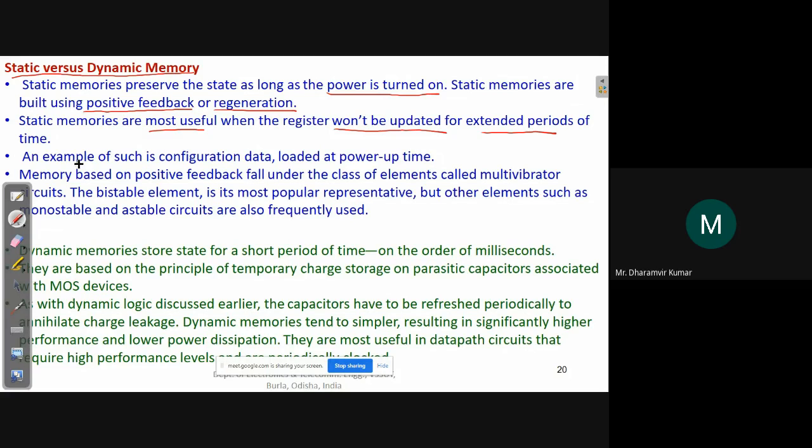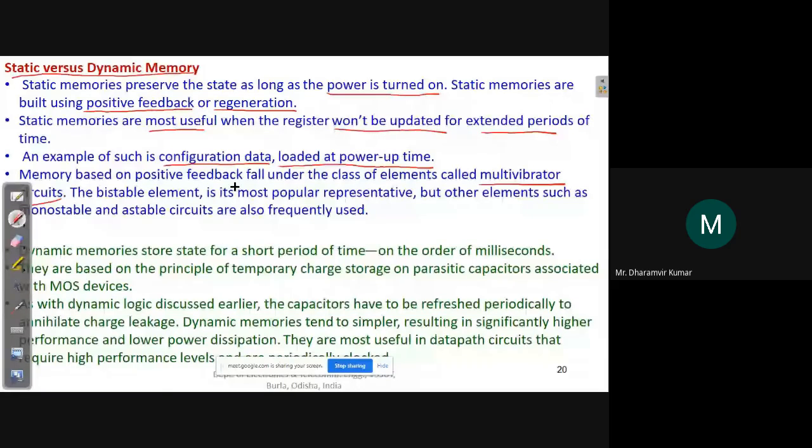An example of static memory is when configuration data is loaded at power up time in the microprocessor. Memory based on positive feedback falls under the class of elements we know as multi-vibrator circuits. We know that there are three types of multi-vibrator: astable, monostable, and bistable.